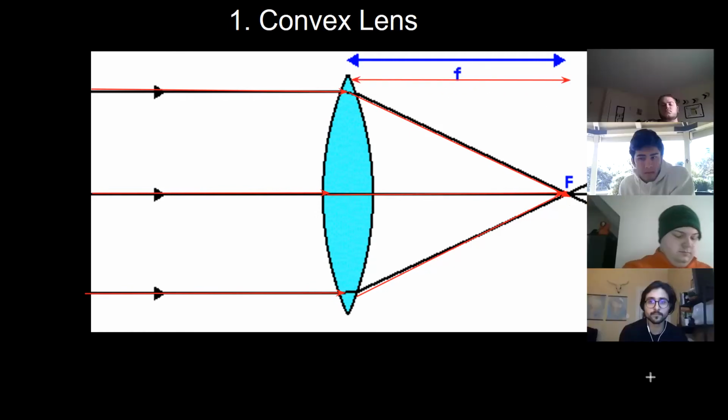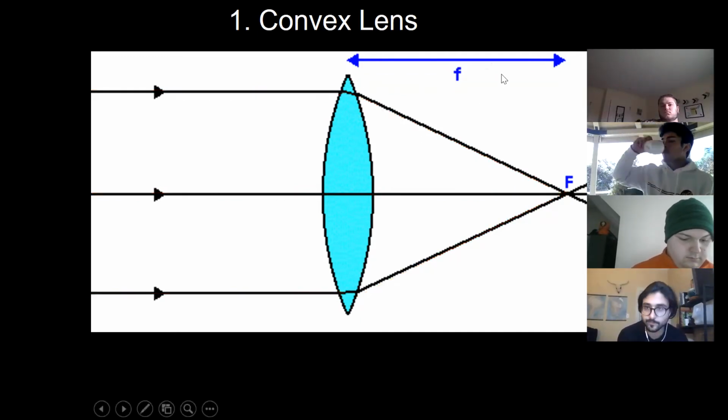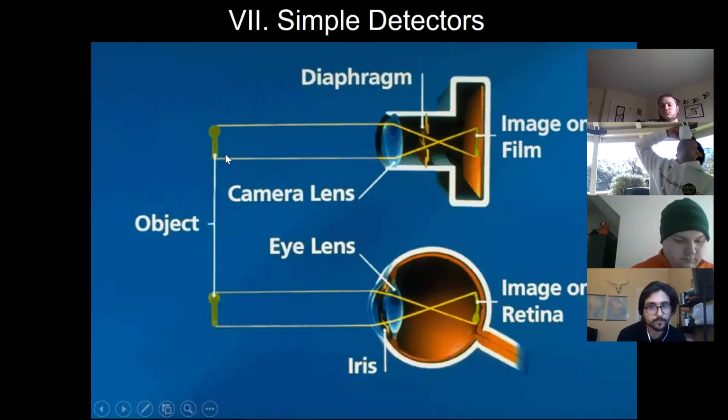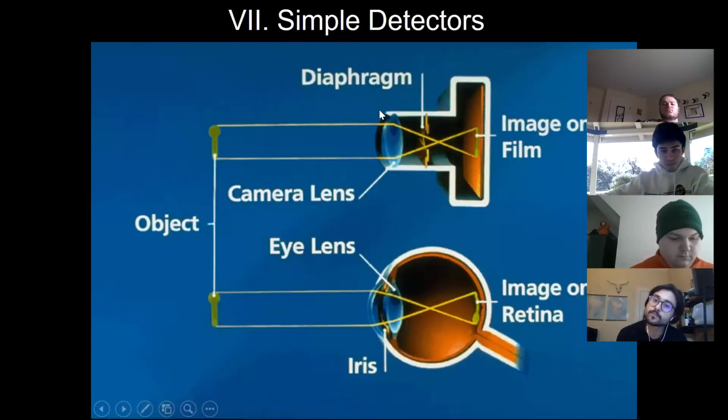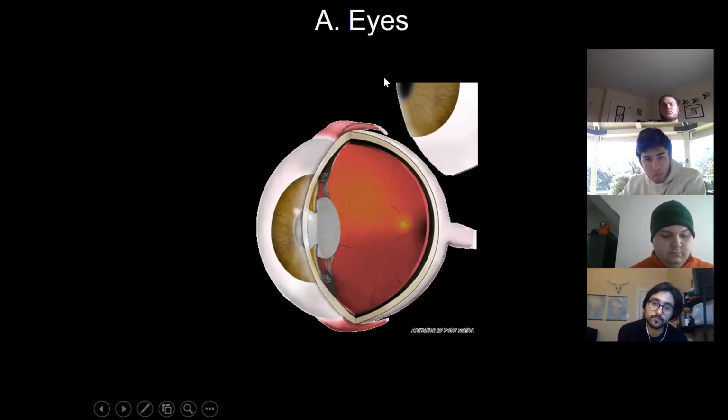Your first task today is to measure the focal length of two different lenses and then put them together to build a telescope. So let's explain how this works. Most optical instruments use some type of a lens, from a camera right down to your eyeball. Let's cut open your eye.